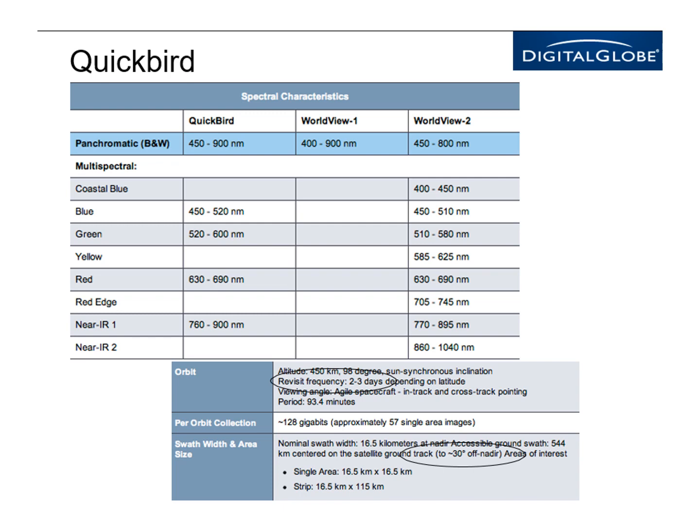QuickBird follows the general rule, which is it's got a panchromatic band from 450 to 900 nanometers. It's got blue, it's got green, it's got red, and it's got near infrared. WorldView 2, on the other hand, puts in a lot of interesting things. It puts in a coastal blue channel that allows you to do better atmospheric correction for the blue band, but also penetration into water that's better than in the blue, and adds a near infrared 1 and near infrared 2, as well as a red edge band.